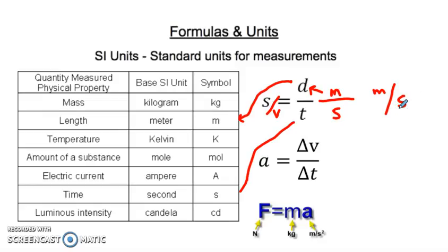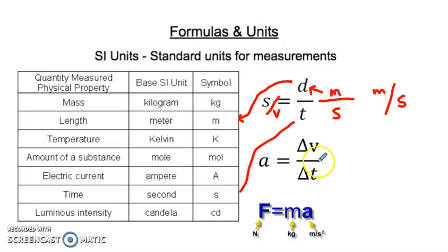So this is one where it could end up being asked for in kilometers per hour or miles per hour, but in many cases you'll have to convert from kilometers or miles per hour to meters per second, and that's something we'll have in another video. So make sure that for every time you do calculate these formulas that you do use the unit, and I think that's something sometimes people kind of forget a little bit.